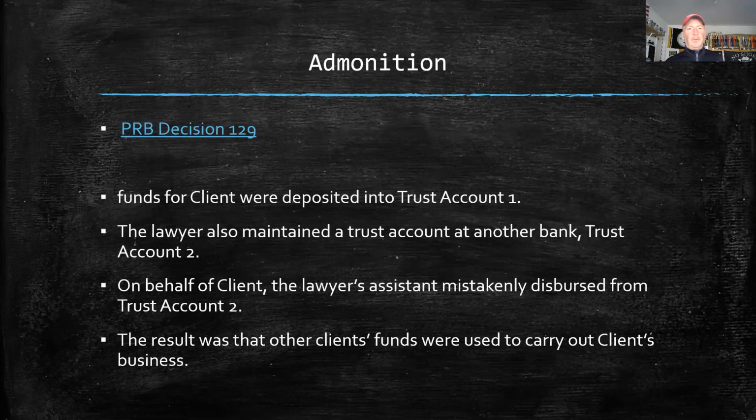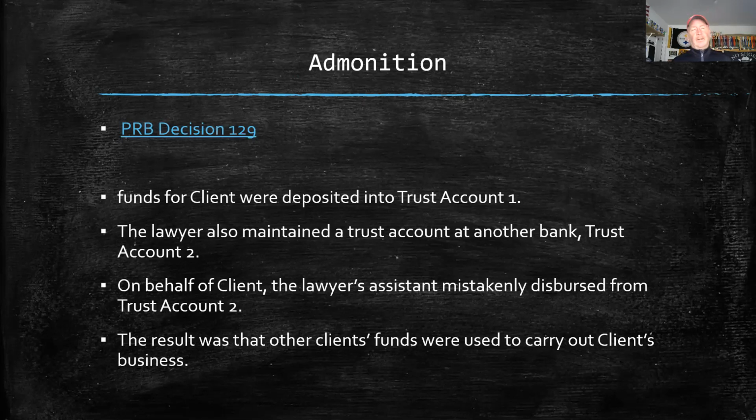So here's an example, again, of just a mistake, arguably not anything unethical, but a strict interpretation of the rule. PRB Decision 129. This is not infrequent or uncommon. Many lawyers have more than one trust account, which is okay.